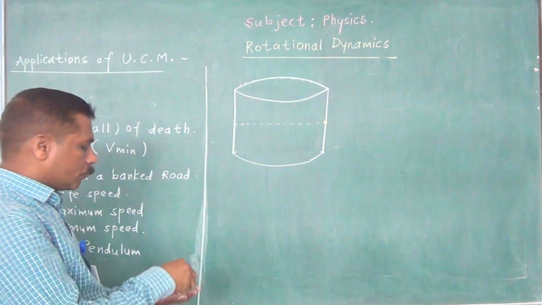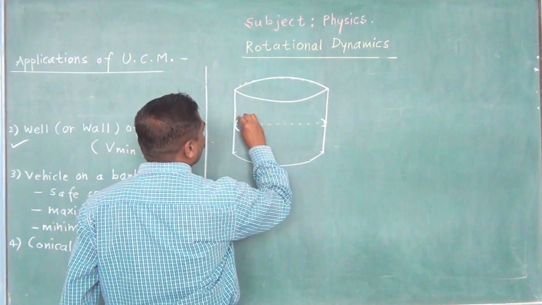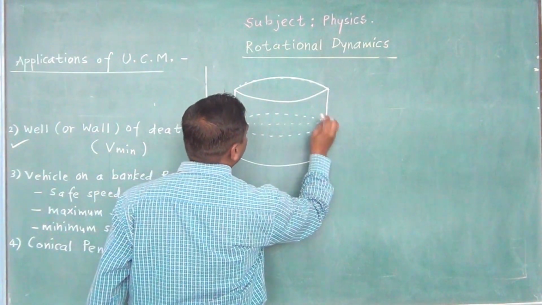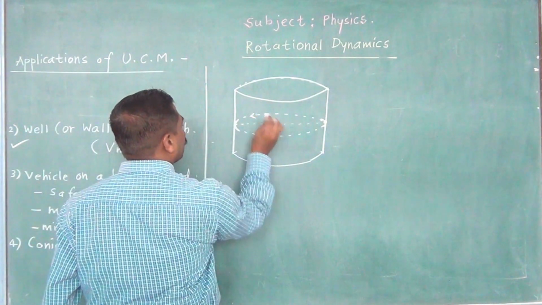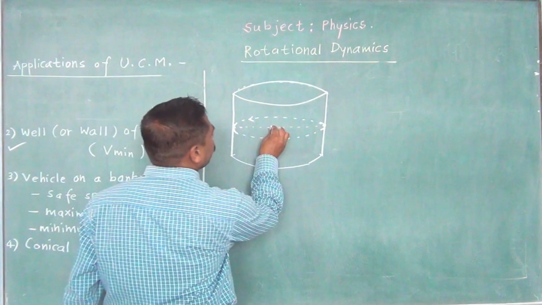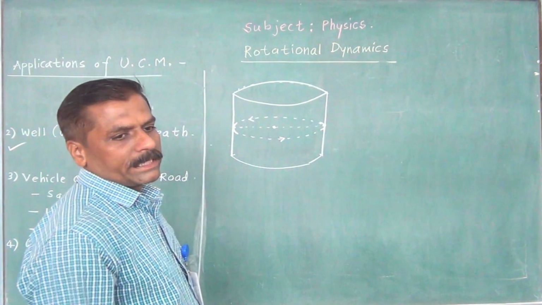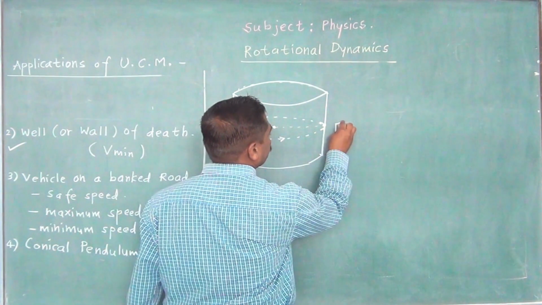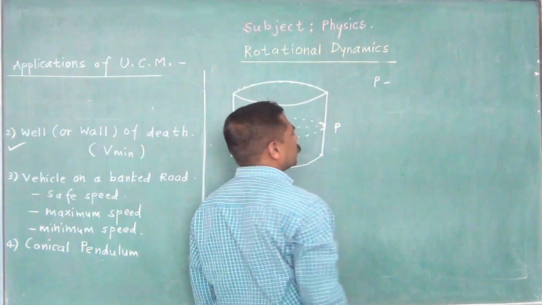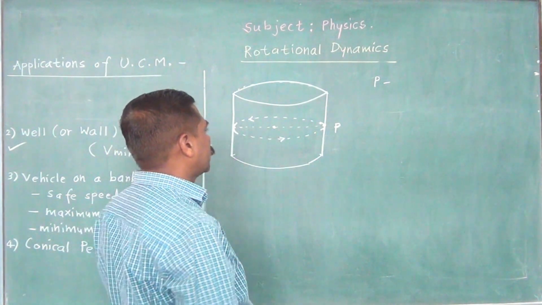This vehicle is moving along this circular track, and this circle is called the horizontal circle. The vehicle is shown here as a point mass, denoted with P. You can remember here P is shown as the position of the vehicle.